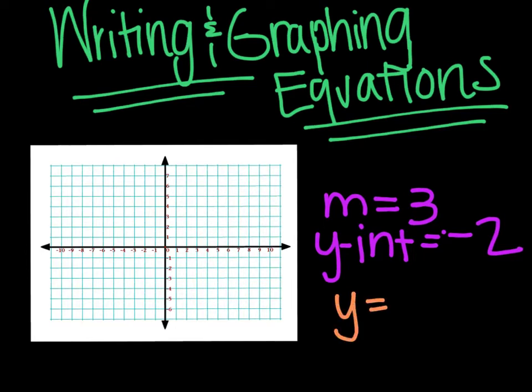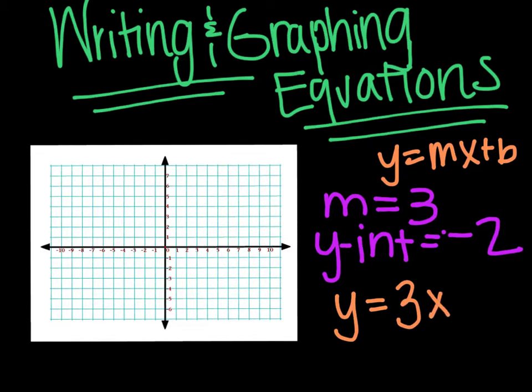So y equals, and it's the form mx plus b. M is your slope, and so I'm going to write 3x, and then plus your y-intercept, which would be plus negative 2. But the better, smarter looking way to write that would be 3x minus 2.